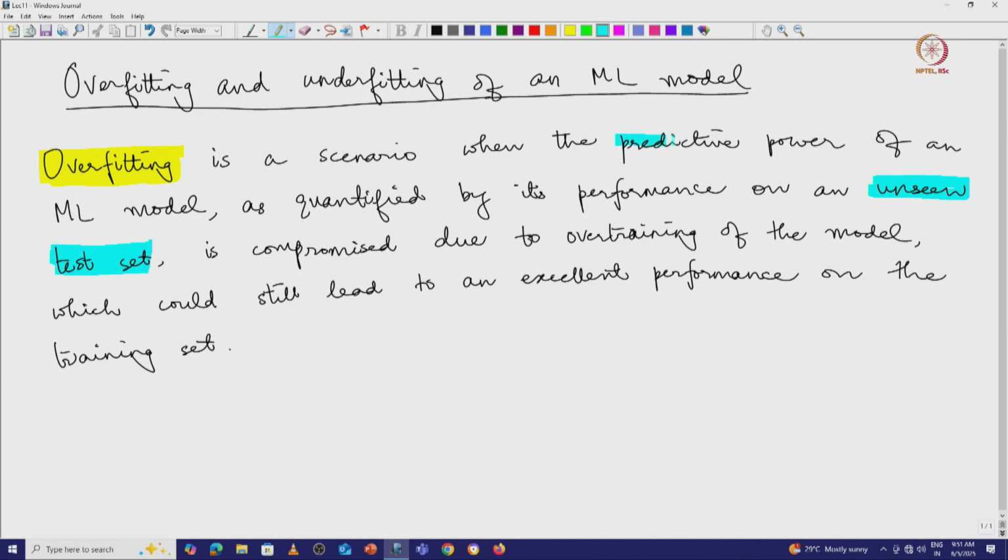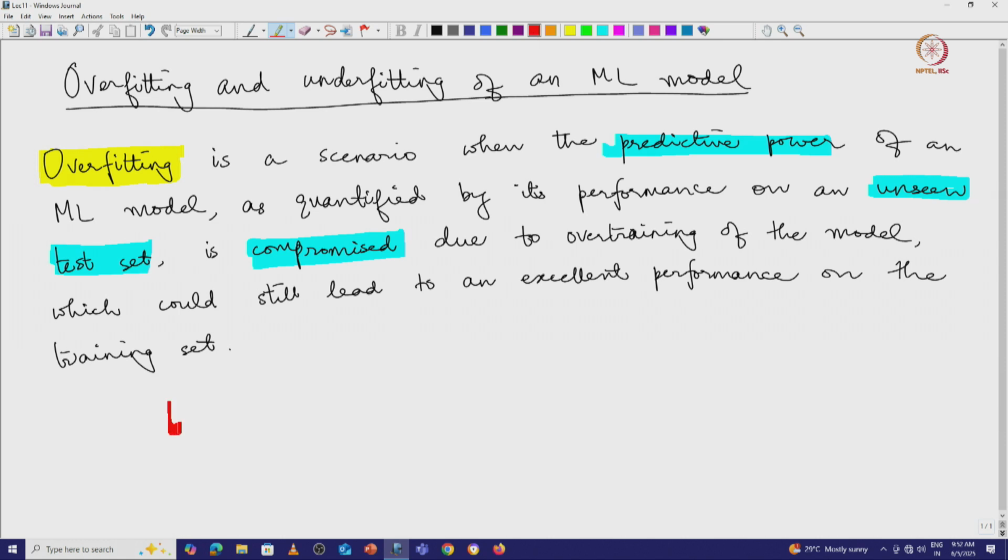The predictive power of this model is getting compromised. And like I said, this is happening because the model is too complex, and in a future lecture we will discuss the bias variance trade off, which is how this can be explained in a more theoretical manner.